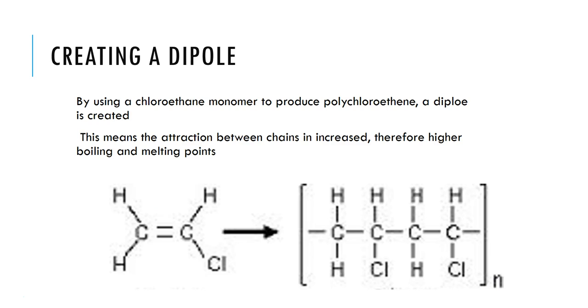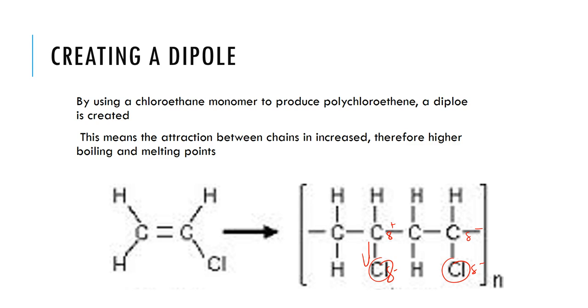And this is what we do when we can, say, perhaps take an alkene that has a chloro on it. Now that we have this electronegative element, of course, we're going to form a dipole at different points along the chain, and this will change the nature of the intermolecular bonding.